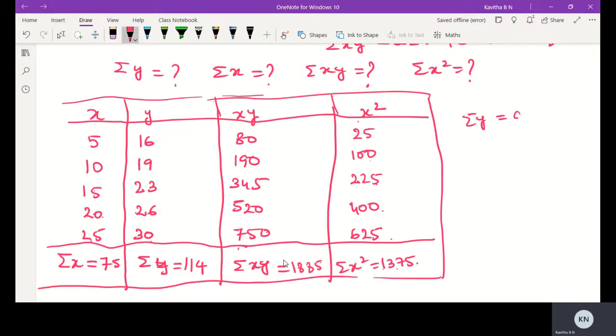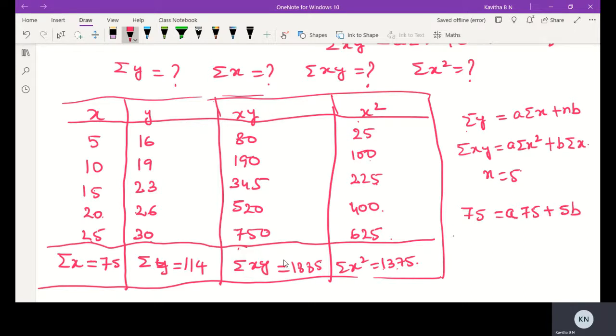Then write the normal form. Summation of y is equal to a into summation of x plus nb. Then summation of xy is equal to a into summation of x square plus b into summation of x. Okay, here what is the n value? Here n value is 5. Summation of y is 104, then a into summation of x is 75, plus n is 5, then b is written as it is.